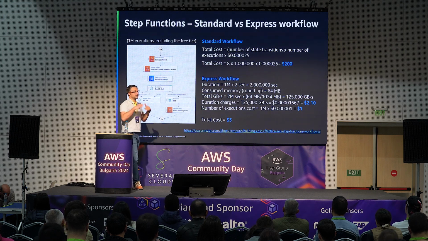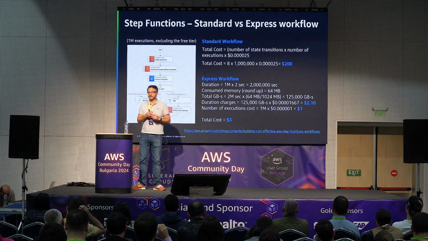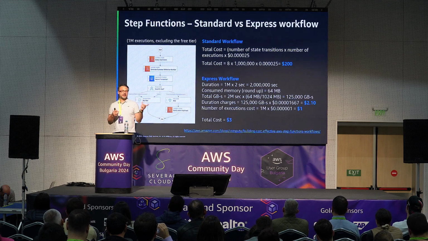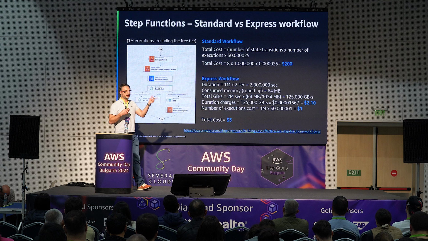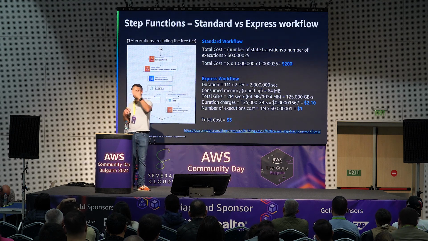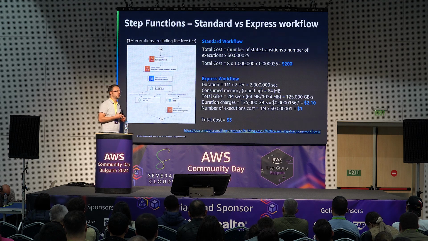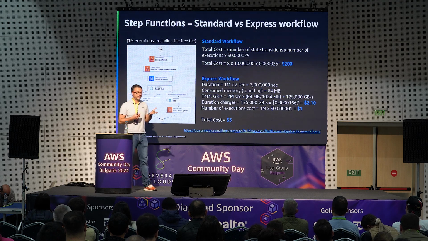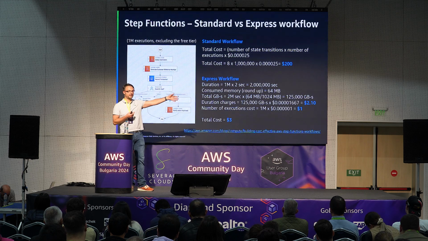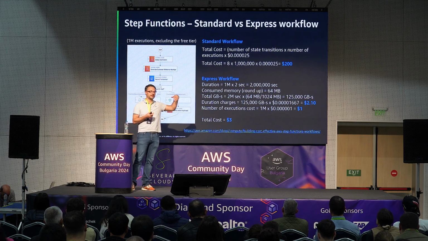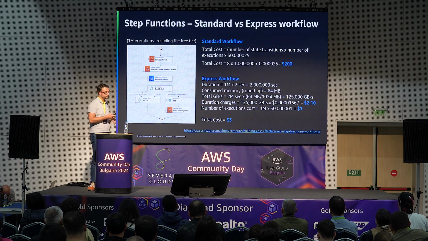The good thing is that you can switch models to some extent between Standard and Express. Although there are some limitations, Standard supports more functionality, especially if you are calling other AWS services and waiting for the response, or using a so-called task token when you want to delegate something to an external party and wait until they do some things.